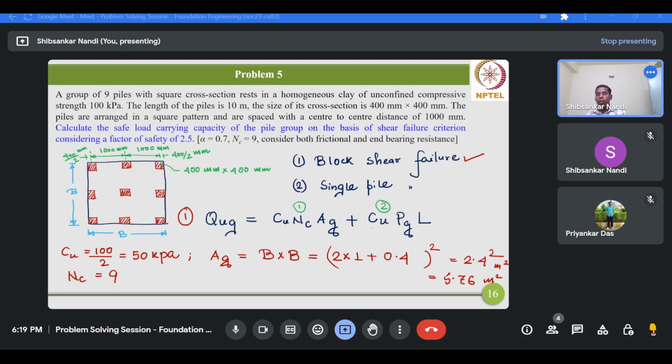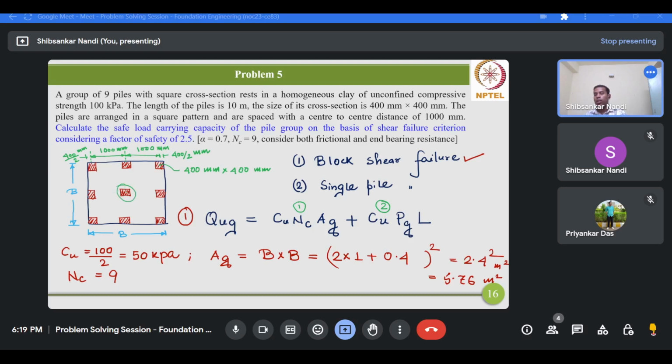Why? Because when we calculate the ultimate load carrying capacity of the pile group considering single pile failure, we'll see that when the piles fail individually, each pile fails on its own. In that case, you have to consider the soil pile interaction. So this is the pile and this is the adjacent soil. You have to consider soil to pile interaction.